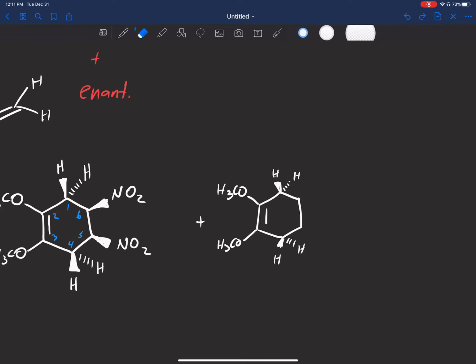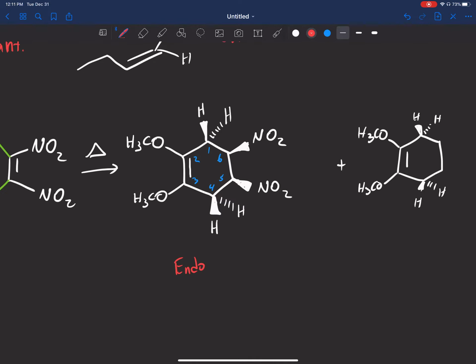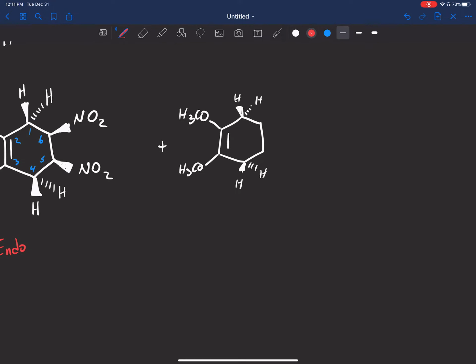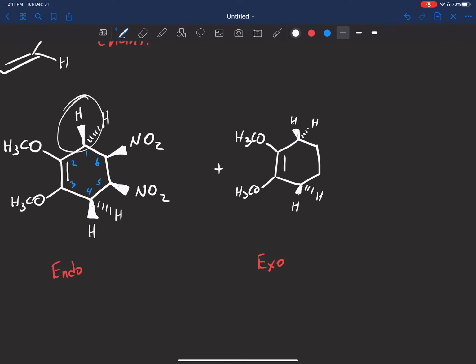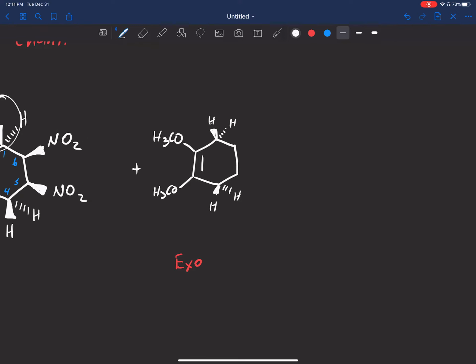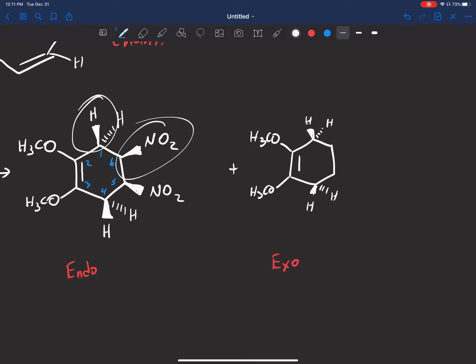Now, here's the endo, where the trans groups have the same stereochemistry as the withdrawing groups. The exo product has to have the trans groups with opposite stereochemistry of the electron withdrawing group. So in this case, our trans substituent was that wedge, and we made the NO2 wedged. In the exo product, we make the NO2 dashed. All right, and now we have the exo product.